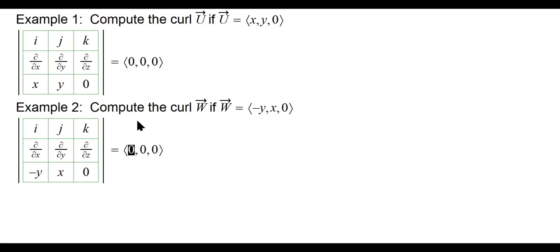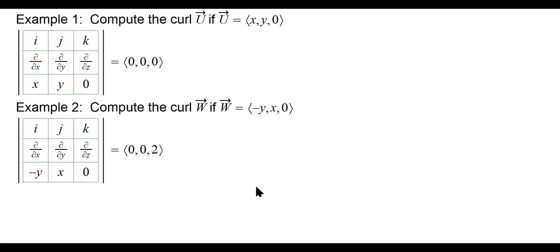Again, the cofactor of i will be 0. Then for j, that will be 0 again because ∂y/∂z is 0. Now here the situation is different because ∂x/∂x is 1, then minus ∂/∂y of negative y is negative 1, so the two will add up to 2. So this curl is 0 and this is non-zero.